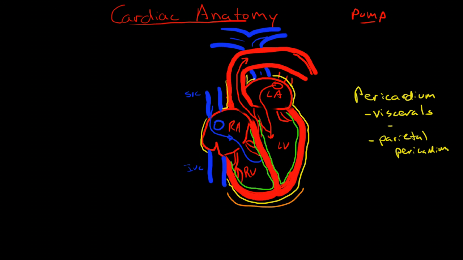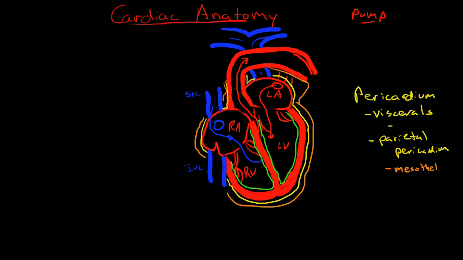And what's interesting about the parietal pericardium is it actually has sort of two layers to it. And obviously the layers are all sort of fused together. And so the innermost layer is made up of mesothelial cells.